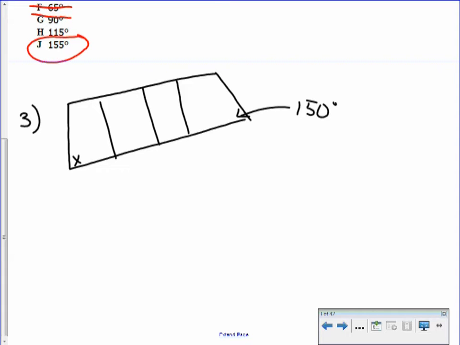We said that the posts are parallel, that is good. That means that these guys, the posts, are parallel, which means we have our transversal cutting through here. And even though mine is not drawn well, that one is parallel too. So what is going to be the relationship between that guy and that guy?